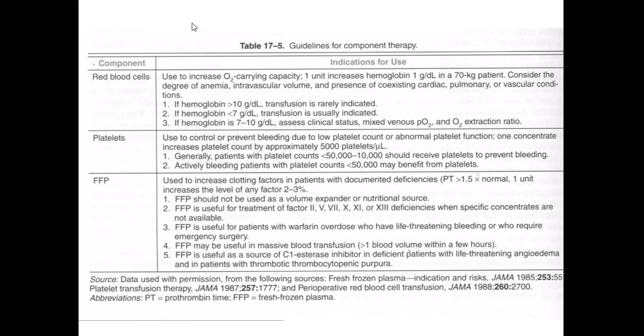Sometimes we might not need to give whole blood. Sometimes we could give what we call component therapy. For example, we could give only red blood cells, called packed cell volume, usually just to increase the hemoglobin level and oxygen-carrying capacity.